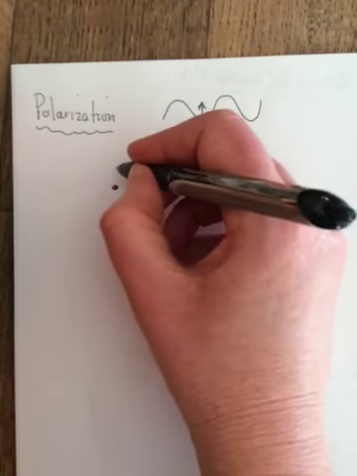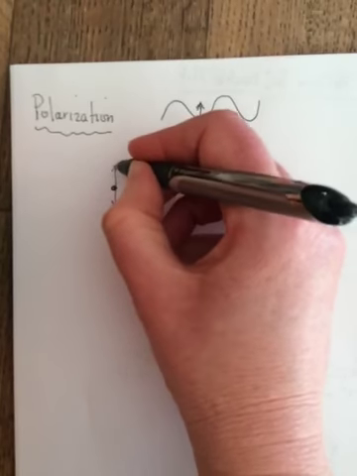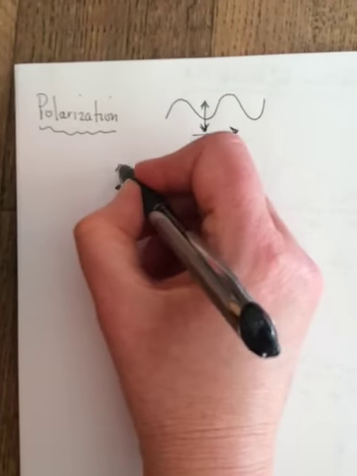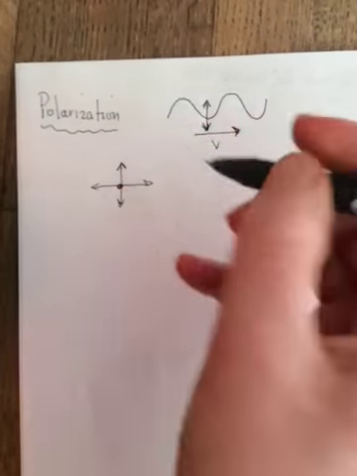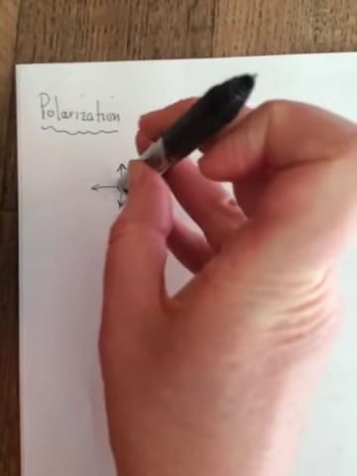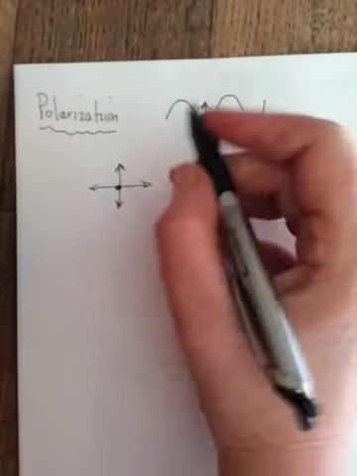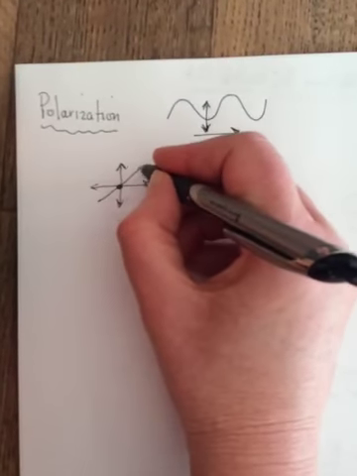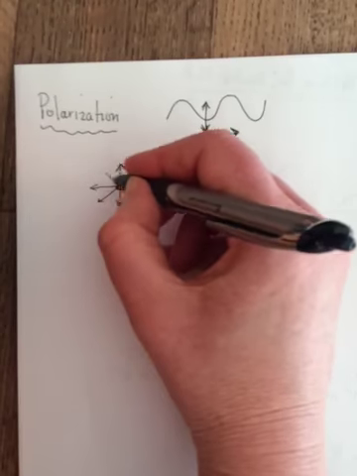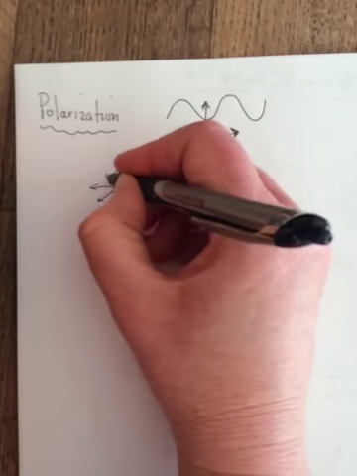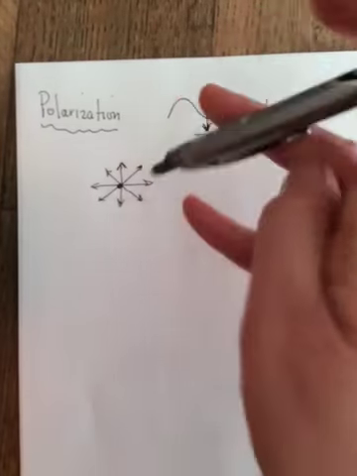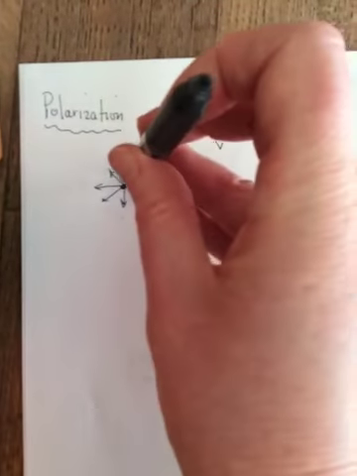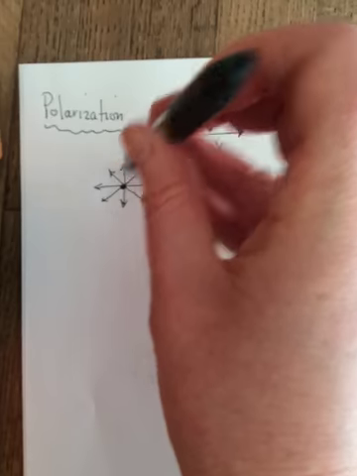Then the molecules could be vibrating up and down, but they could also be vibrating this way, and that would still be perpendicular to a wave coming out of the page towards you. They could be vibrating in this direction or in this direction. Really, they could be vibrating in any direction in the plane of the paper, and that would still be perpendicular to the wave coming out of the page.